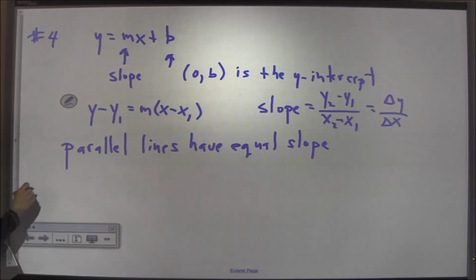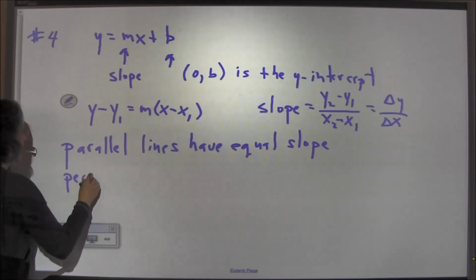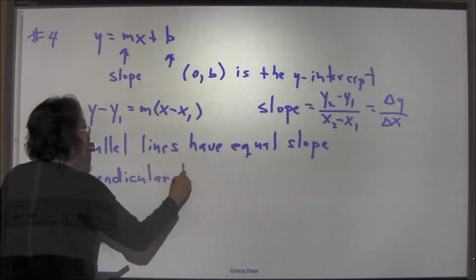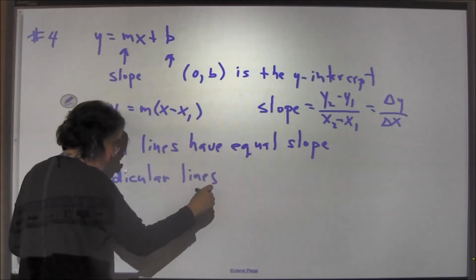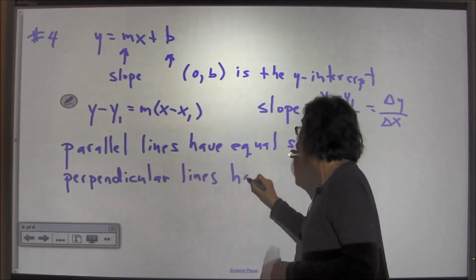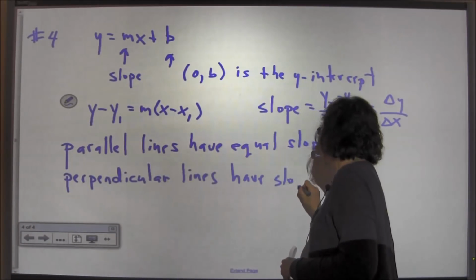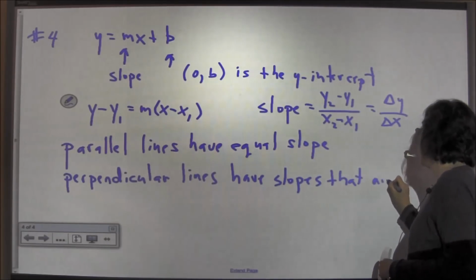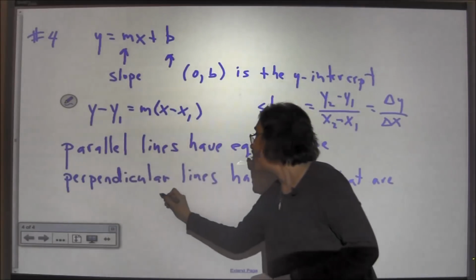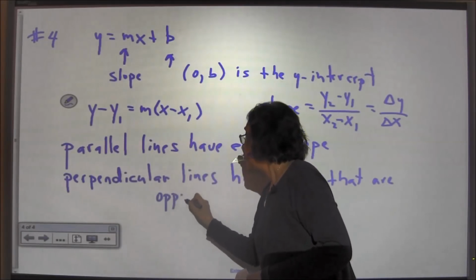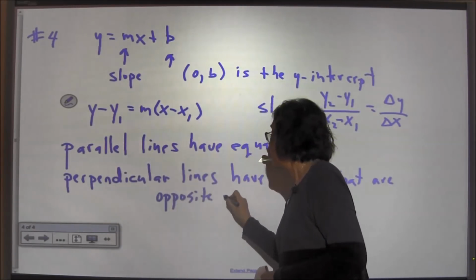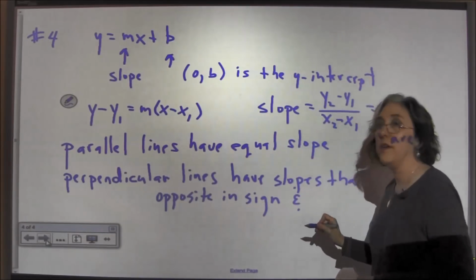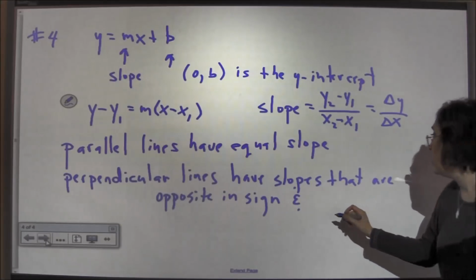And perpendicular lines have slopes that are opposite in sign and, if we're not thinking about the sign, reciprocal.